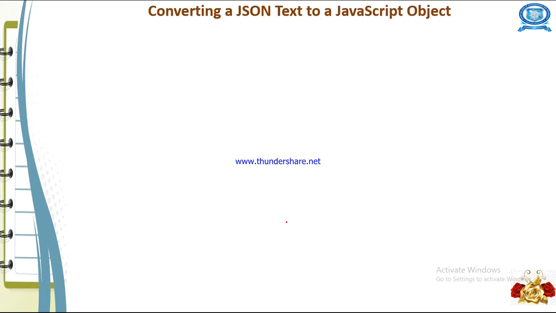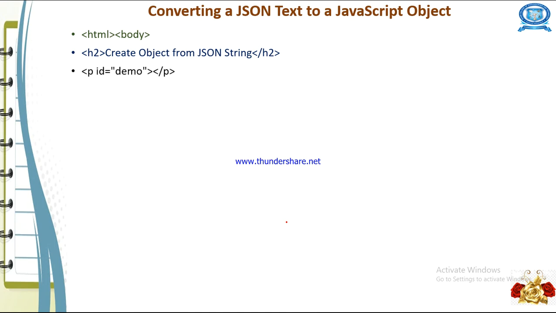Okay. Now I will show an example program: how to show the new object converted. As usual, the basic tags you know: HTML, body, and display a heading and a P statement, that's a paragraph statement, using the ID equal to demo.